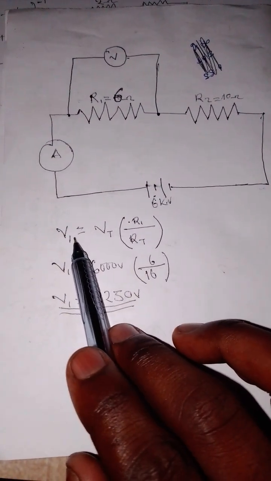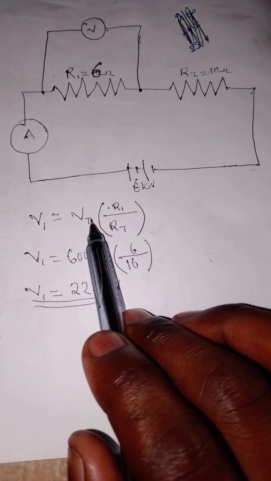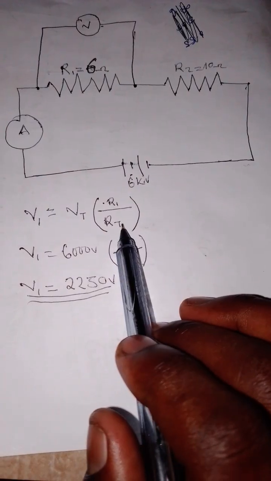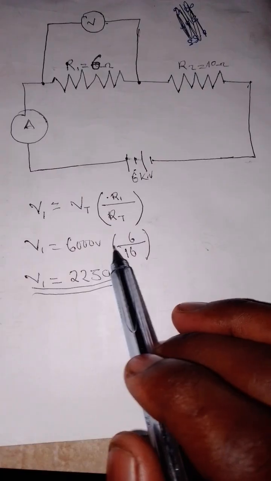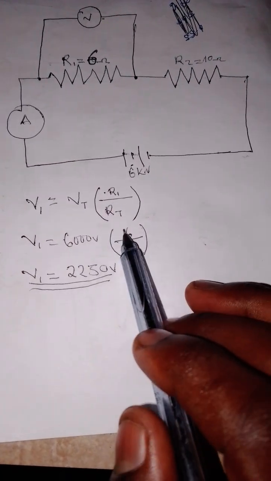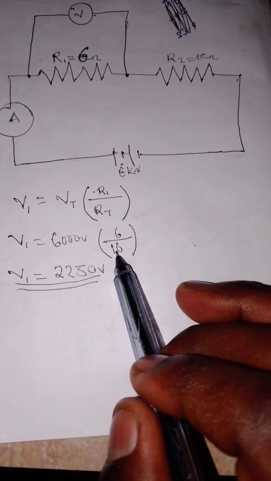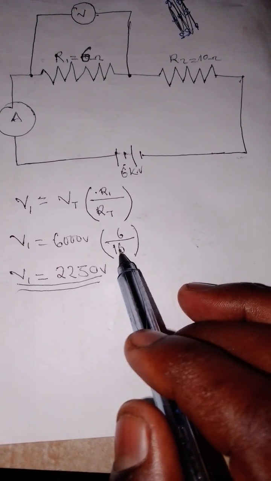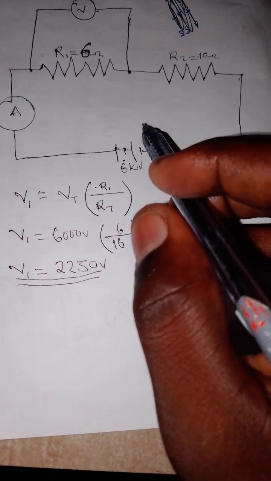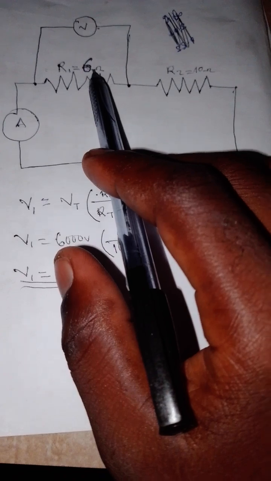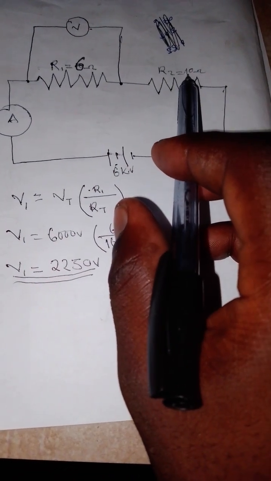So we are going to get the potential difference, which is voltage, equal to voltage times resistance over total resistance. So 6,000 is the what? Voltage total. So 6 here, and then we have got 16, which is the total resistance, which is 6 plus 10 ohms.